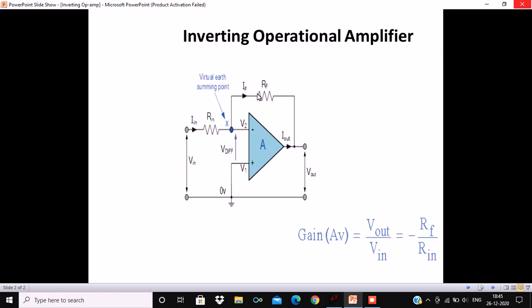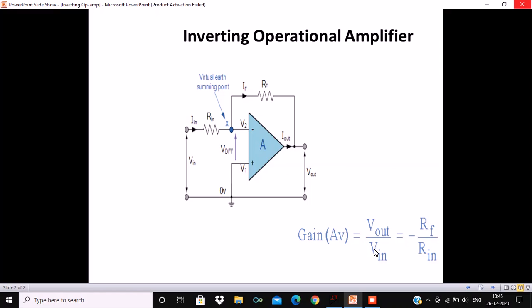Now, what is the gain of this inverting operational amplifier? Gain is defined as output voltage divided by input voltage. The gain of this operational amplifier is minus RF upon Rn. RF and Rn are the two resistances.